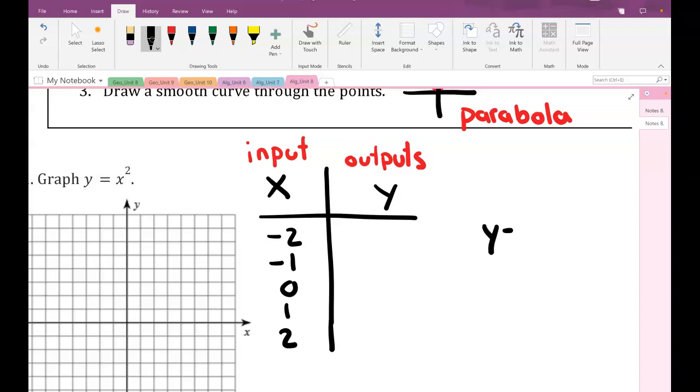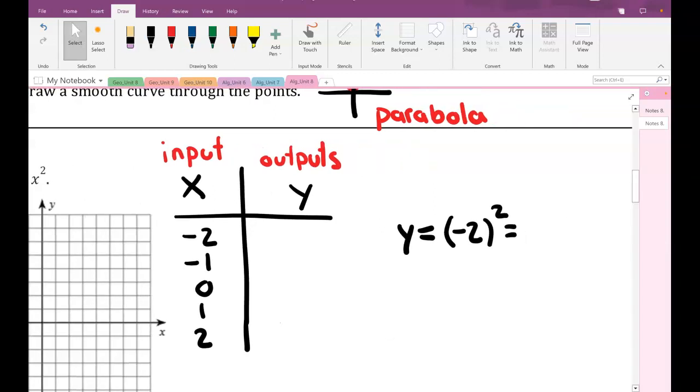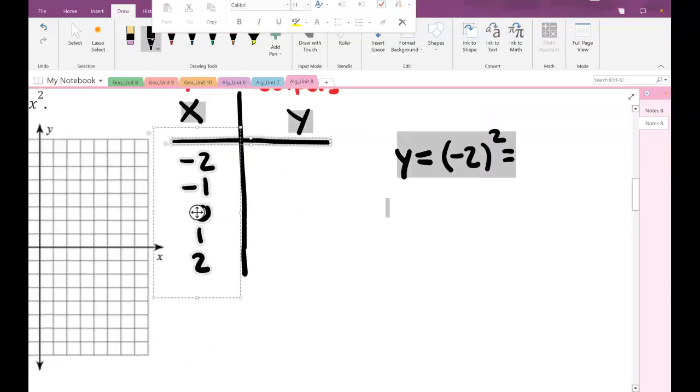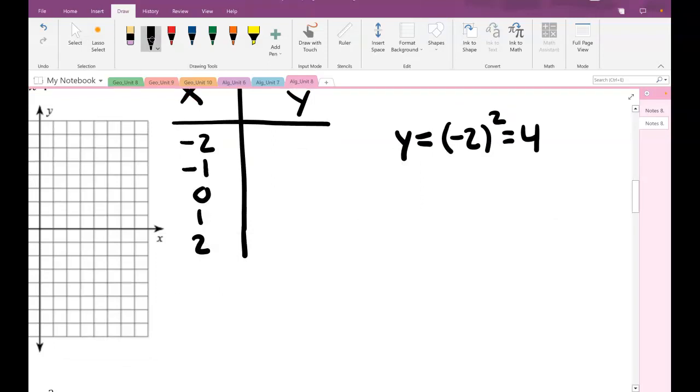So y is equal to x squared, so we're going to plug in a -2 and square it. Let's say -2 squared. This is -2 times -2, which is 4. So that will go in our table, a 4. Then we say, okay, what do we get out when we input a -1?